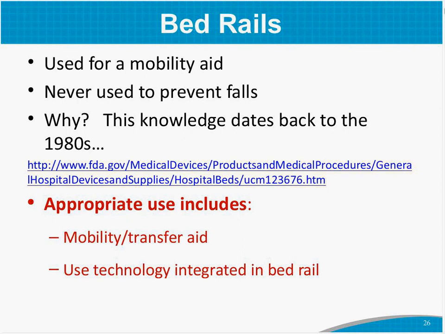Or even worse, they could be entrapped between the bed mattress and the bed rail, because hospitals don't replace the bed frame, but they replace mattresses, and then you have a gap between the rail and the mattress.